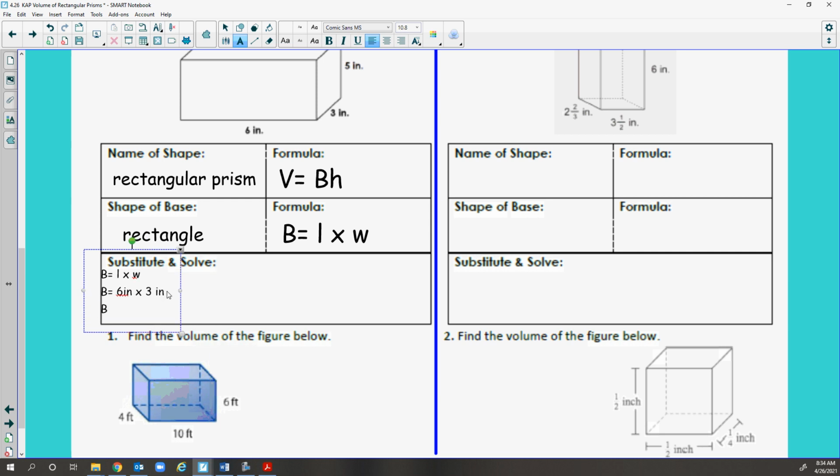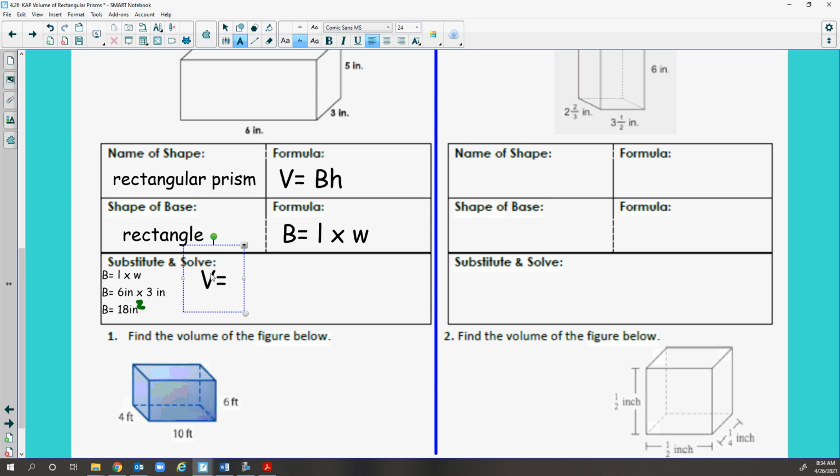Then we'll have the area of our base equal to 18 inches squared. Sorry, that little caret right there shows an exponent of 2. I guess I could just draw it for you. That would be smarter. There we go. Now we can do our volume formula.